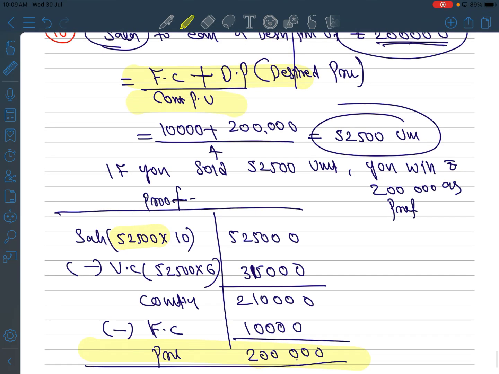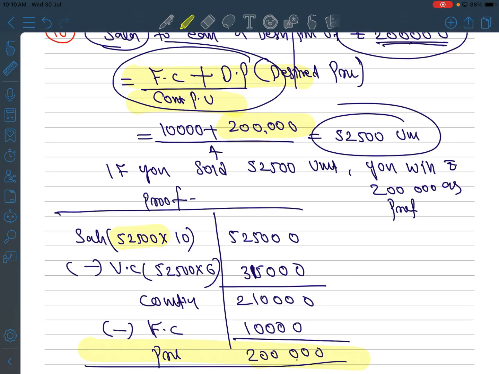If your desired profit is 1 lakh, what will the equation be? Fixed cost plus desired profit divided by contribution. Instead of 2 lakh, we can fix 1 lakh here. Whatever profit you want, you can fix.